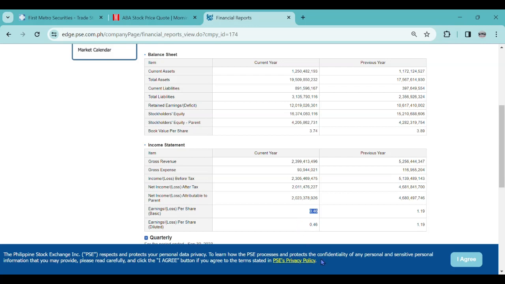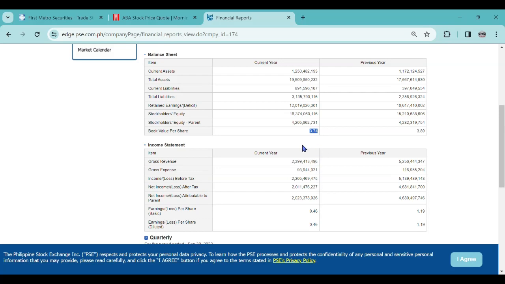Now, to compute, 1 peso and 10 centavos divided by the 0.46 EPS, we will have a PE ratio of 2.39. So, in relation to the PE ratio, it is lower than 15, and therefore it is a cheap stock for that price. Next, let's see if it's cheap for your price to book ratio.